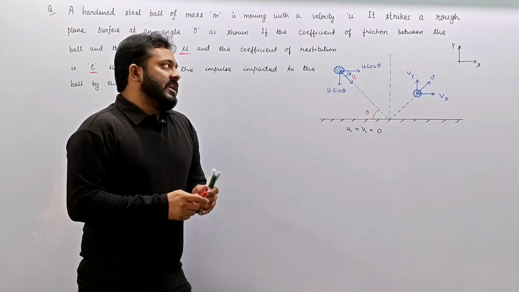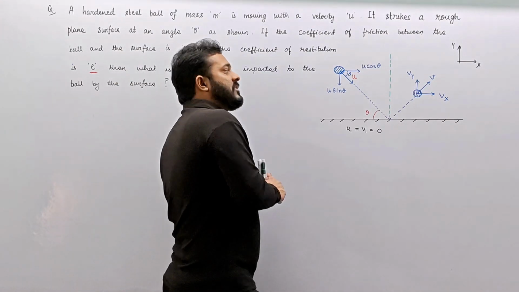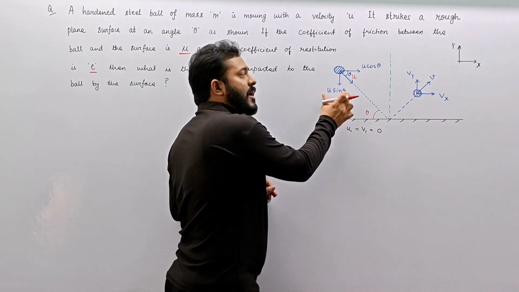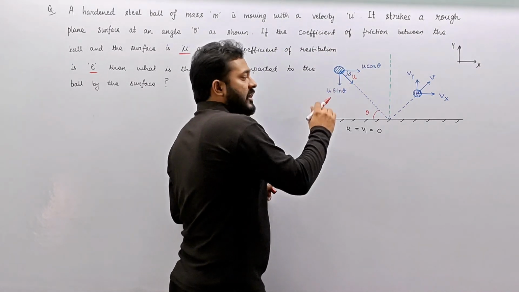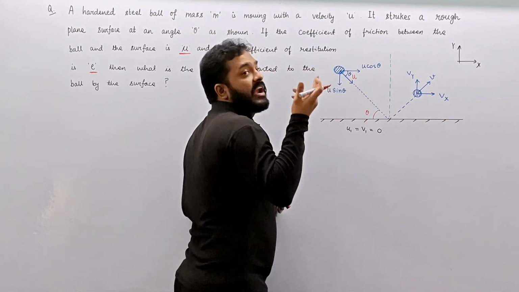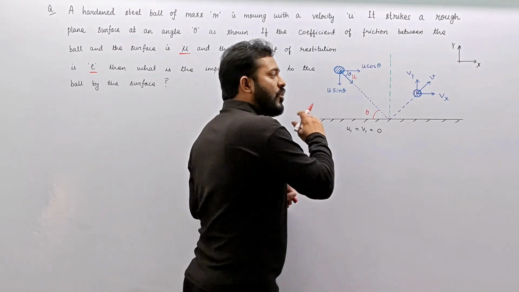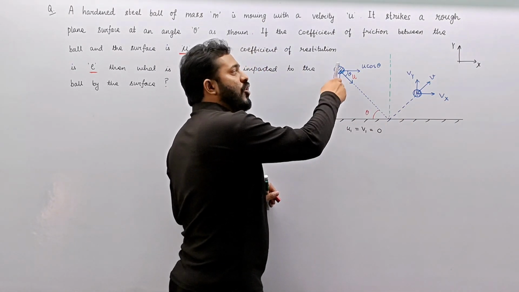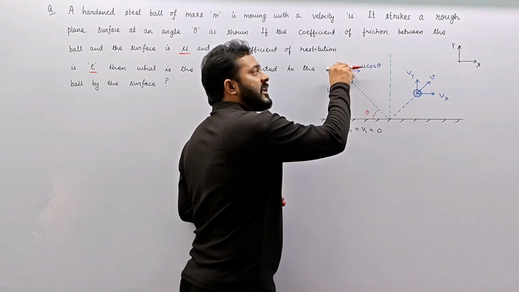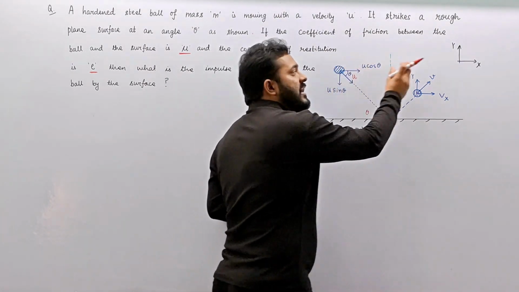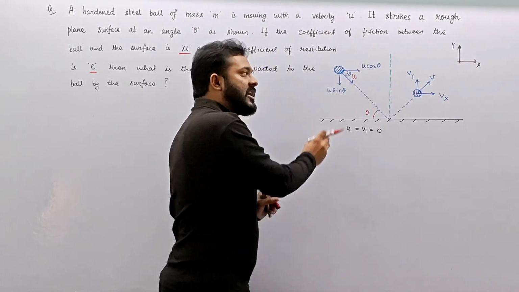Now, this velocity is the velocity of approach. Meaning, why is this hardened steel ball colliding with this rough surface at all? The collision is happening because there is a component of velocity in this direction. Because if this component alone existed, the ball would just move ahead and never collide.